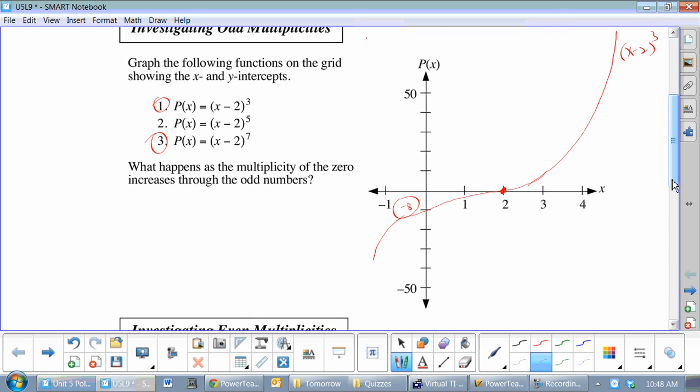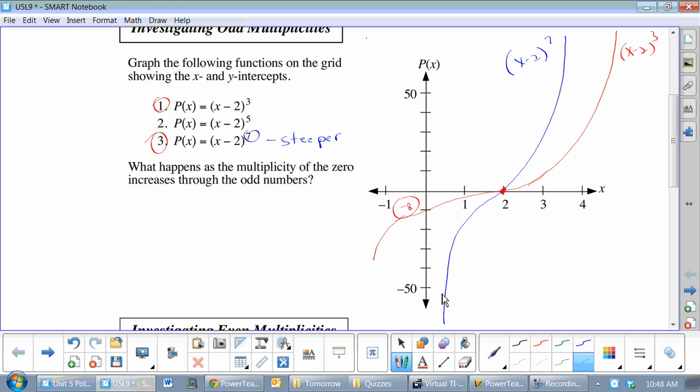If you do x minus 2 to the 7, it actually goes through point -128. So it's way down there. Okay, and then does this. So this would be x minus 2 to the 7. Okay, so I would say this one is steeper.